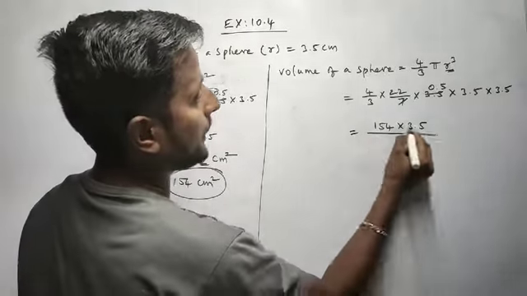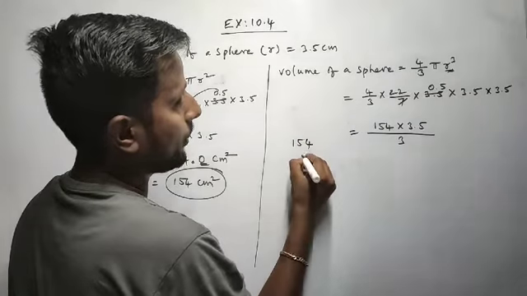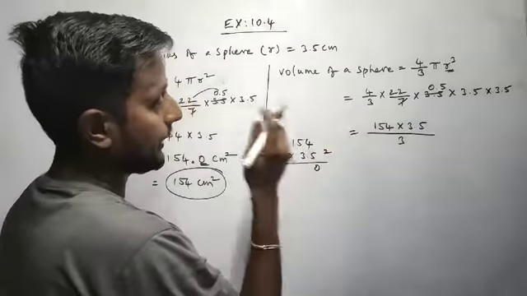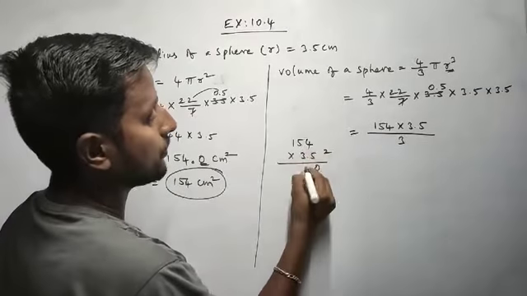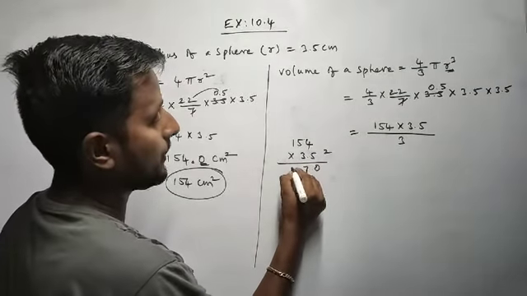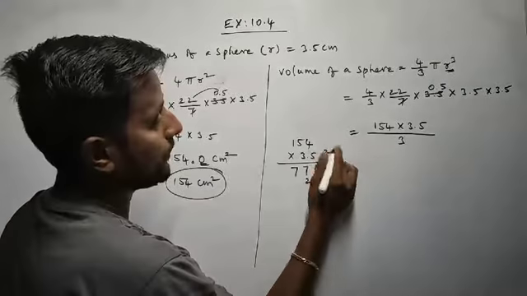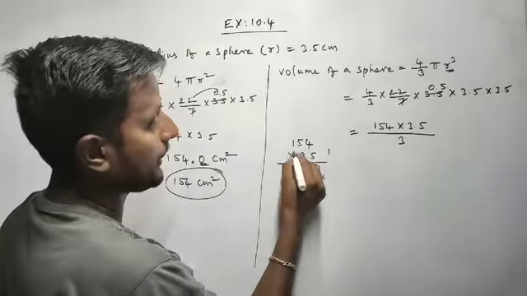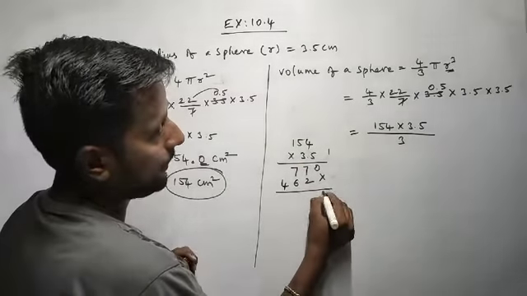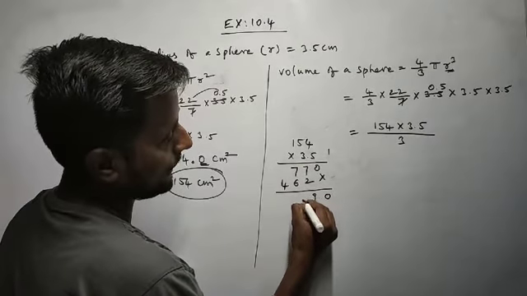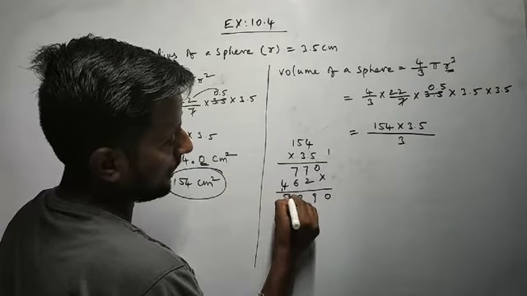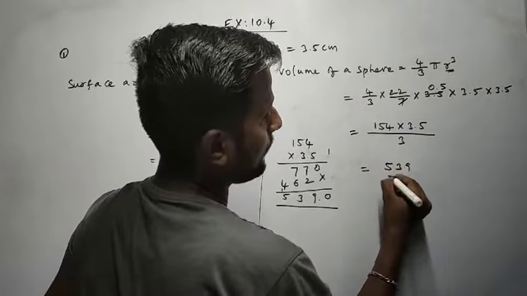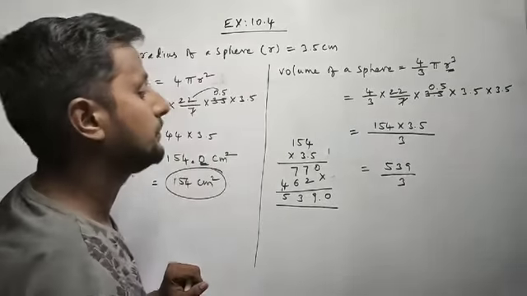We multiply 154 and 3.5: 20, 2 carry, 25 plus 2 is 27, 2 carry, 5 ones are 5 plus 2 is 7, 3 fours are 12, 1 carry, 5 threes are 15 plus 1 is 16. We get 539.0. So we write 539 by 3, correct?